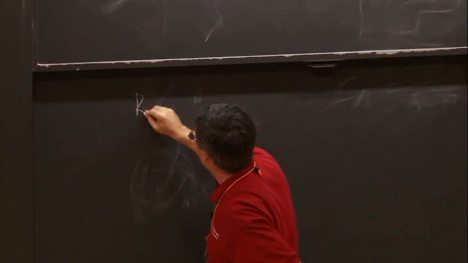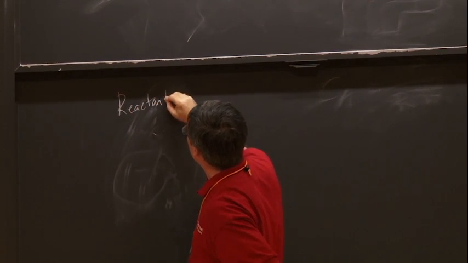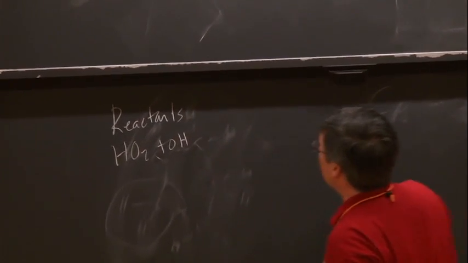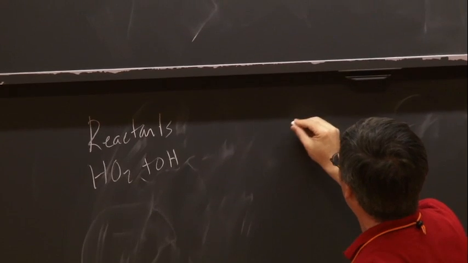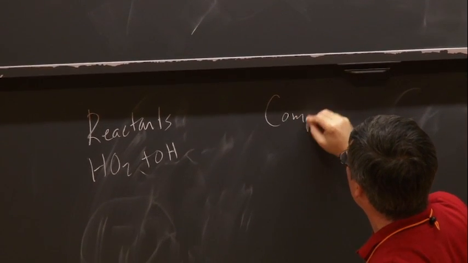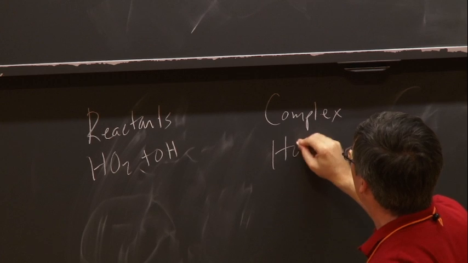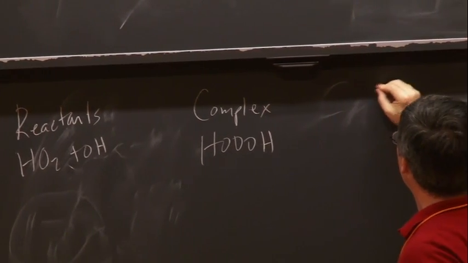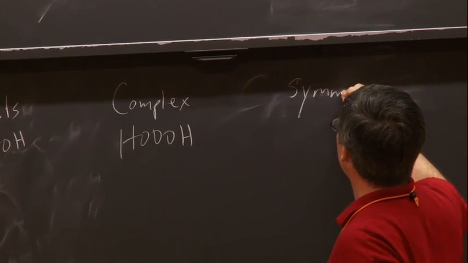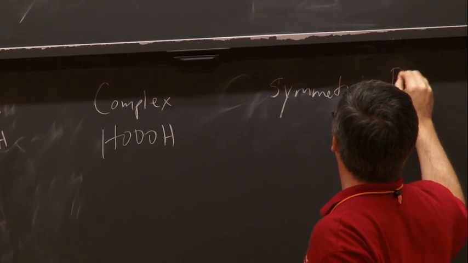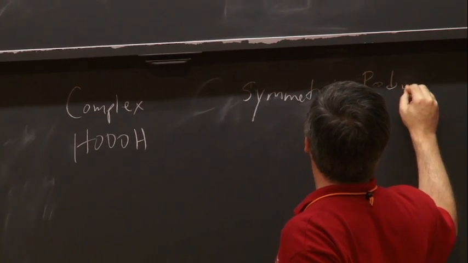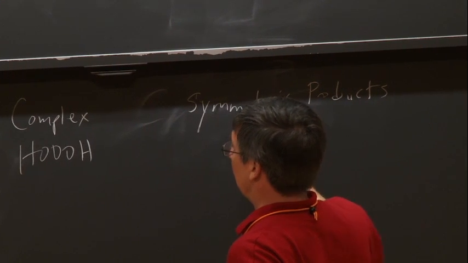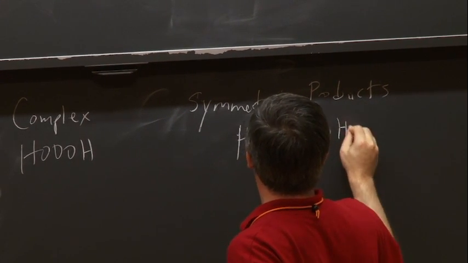And so then if you look at the potential surface, over here is my reactants, which were HO2 plus OH. And in the middle here was the complex, HOOOH. And then there's sort of the symmetric products, HO plus OOH.